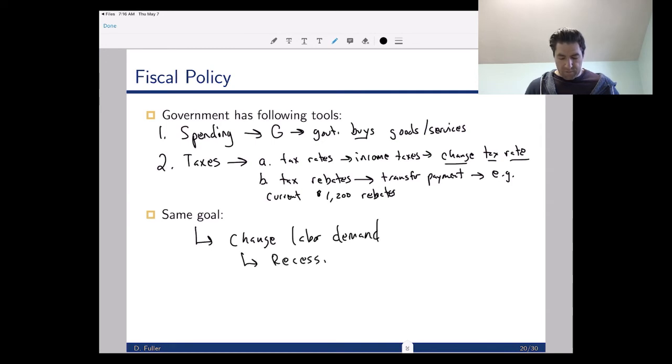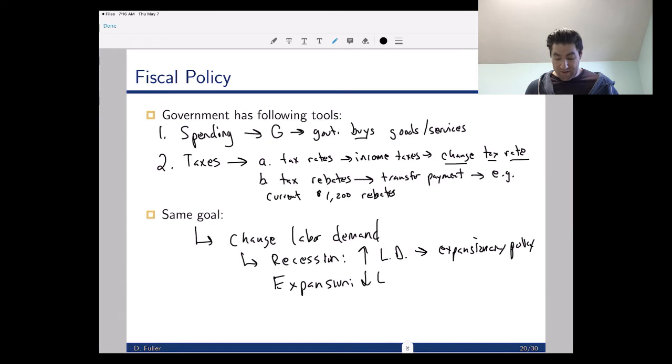In a recession, the goal is to increase labor demand, and that is expansionary policy. In an expansion, we're trying to decrease labor demand, and that is contractionary policy.